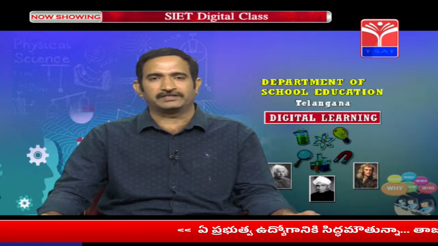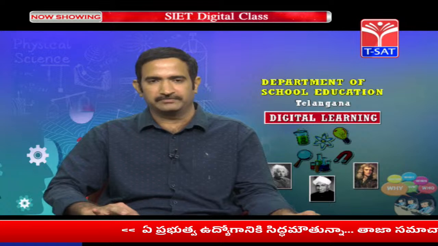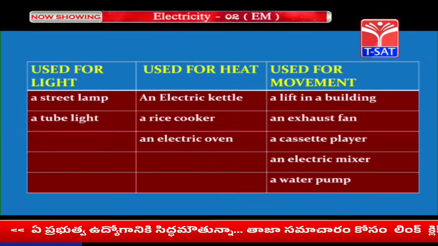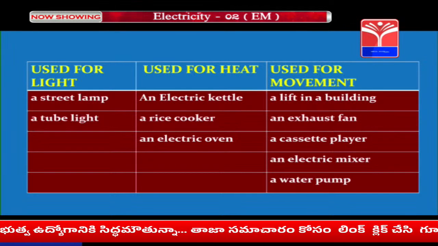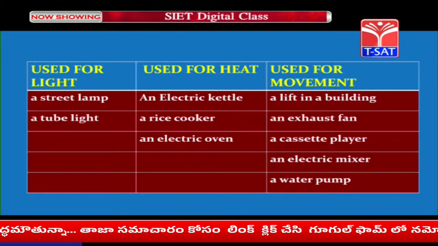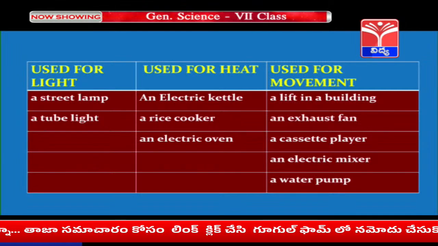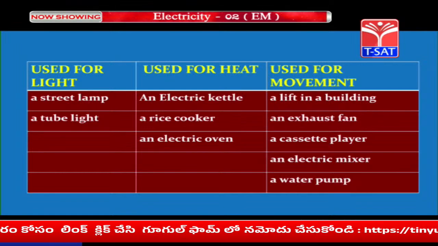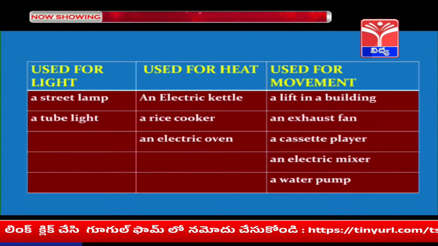Now children, I think you have completed. Let us see. Here is a tabular column in which I have categorized all the items. Used for light are street lamp and tube light.